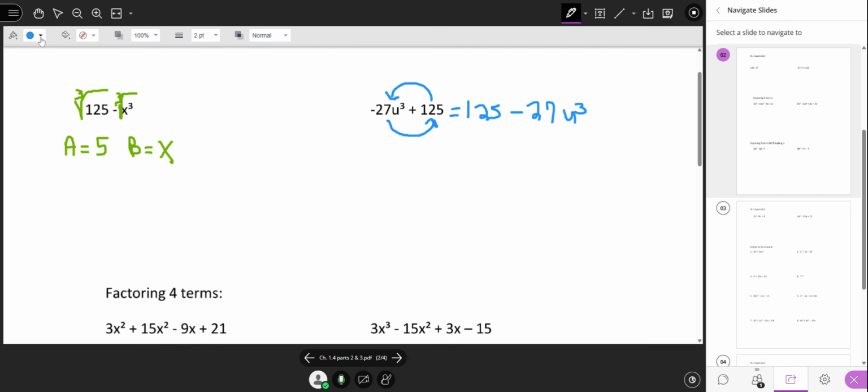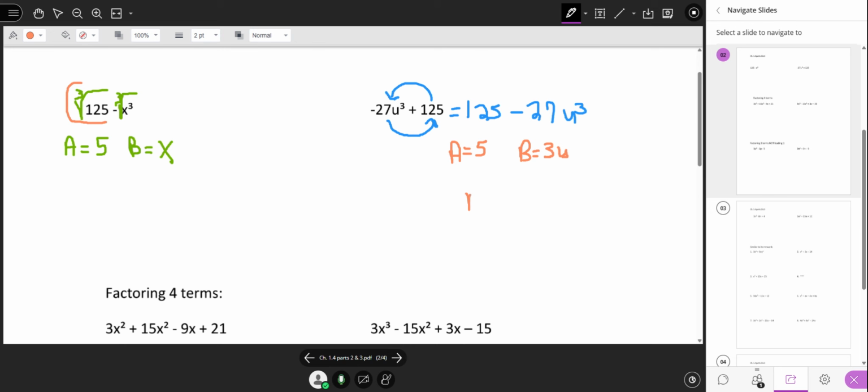Then when you do your cube roots, you get 5 here and you get 3u here. Notice I'm shortcutting. I'm not showing that I'm doing this to it. I just showed this, A equals and B equals, because I did it in my head.